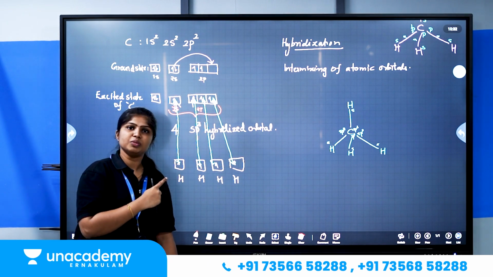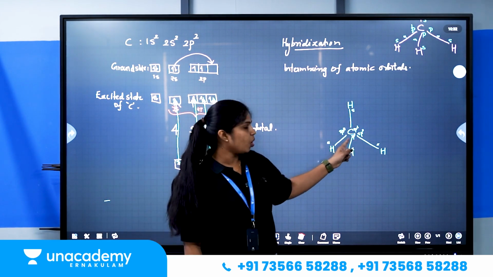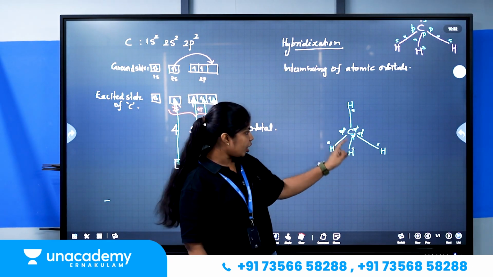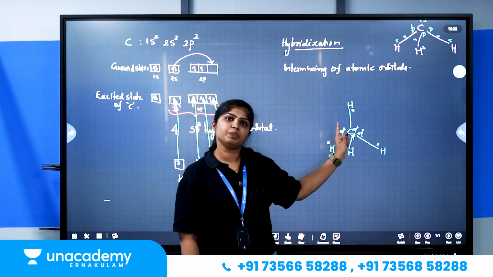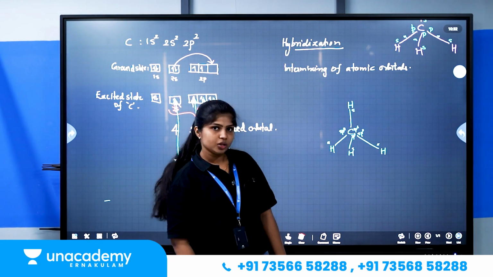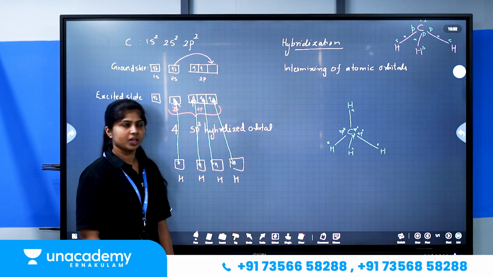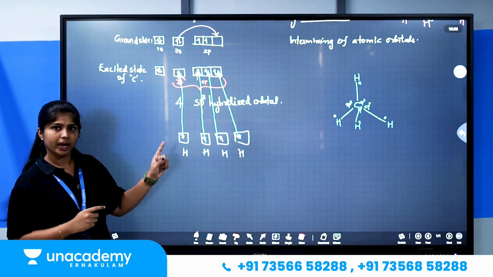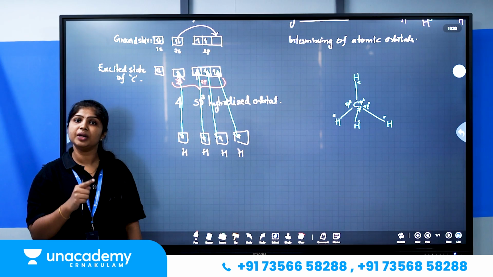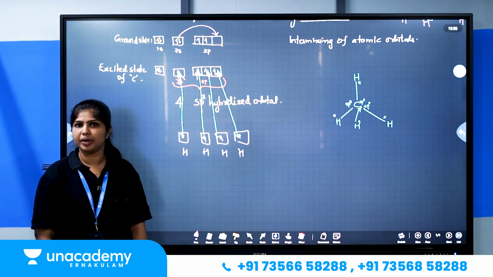Yes, now the problem is sorted, right? Now all the bonds are formed by s with sp3 overlapping, so all the bond lengths are equal. So we have seen in CH4, the carbon has undergone sp3 hybridization, right?